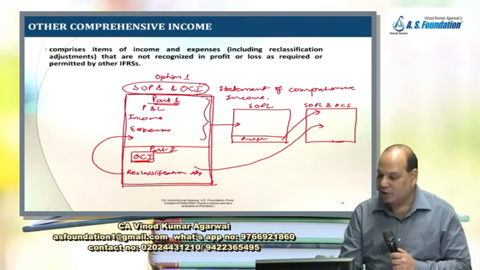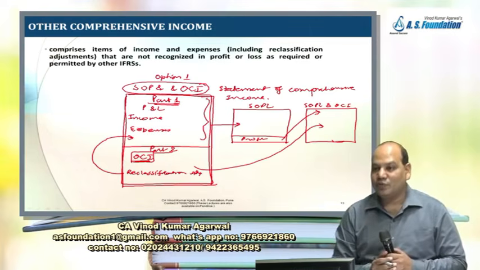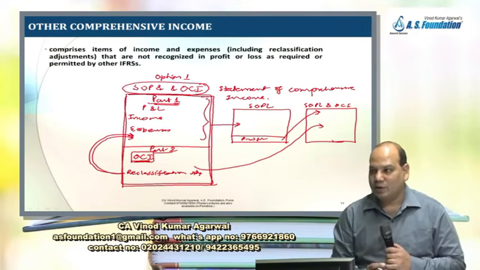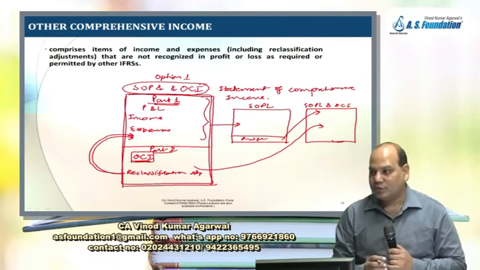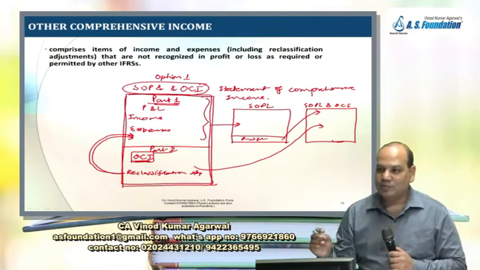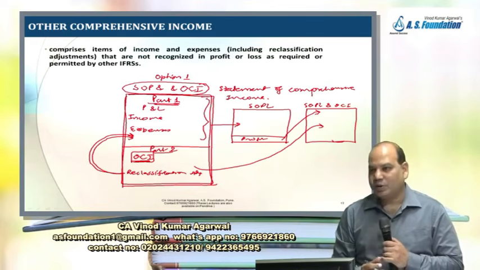So right now they are unrealized, but they might get realized in future. So they will get transferred from OCI to PL. Like for example, foreign exchange difference. Till it is unrealized, you put it in the OCI. If it is realized, you shift it from OCI to P&L account.